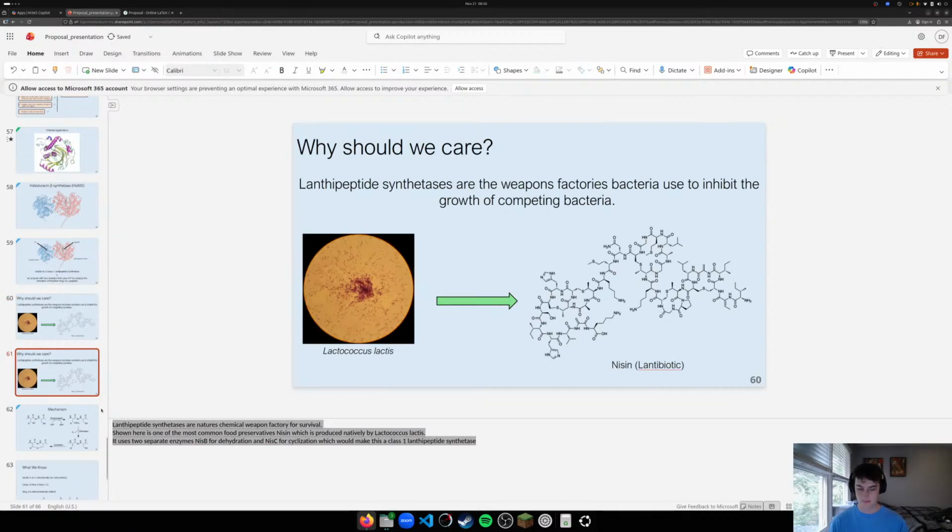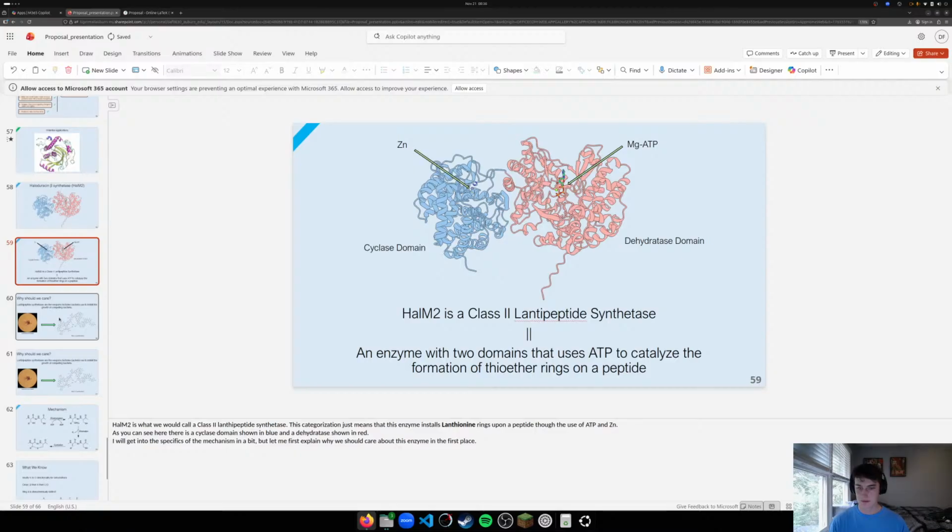Add in, so let's run through this. HalM2 is what we would call a class 2 lanthipeptide synthetase. The categorization just means that this enzyme installs lanthionine rings upon a peptide through the use of ATP and zinc. As you can see here, there's a cyclase domain in blue and a dehydratase shown in red.